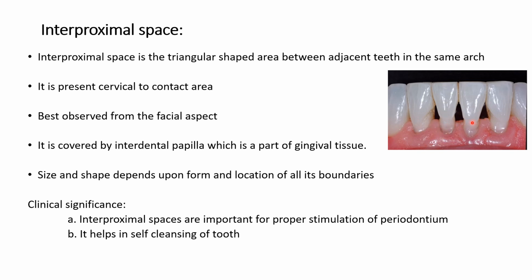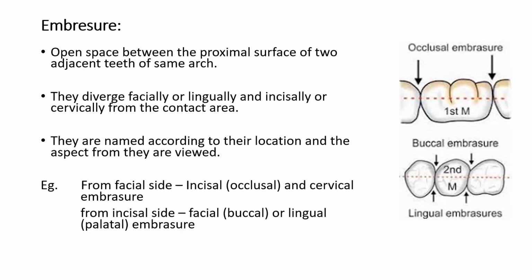Here you can see there is a recession, because the cervical line is here and the gingiva has receded down. It also helps in self-cleansing of the tooth, so it is considered a self-cleansing area.